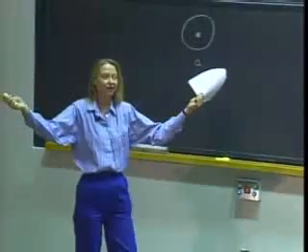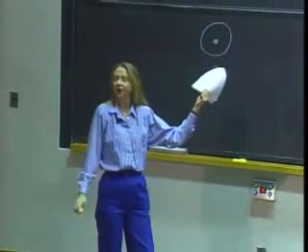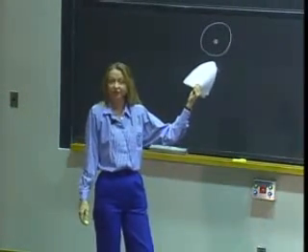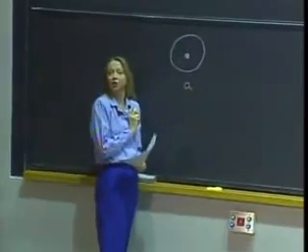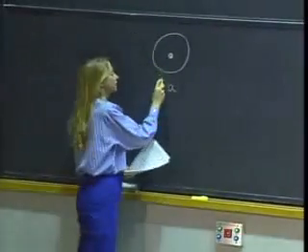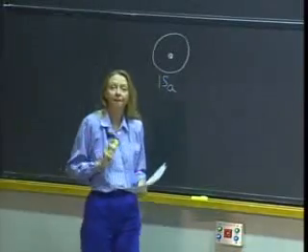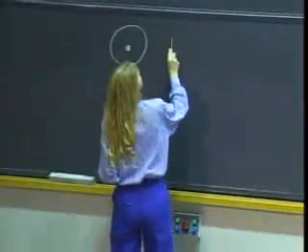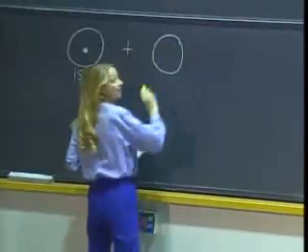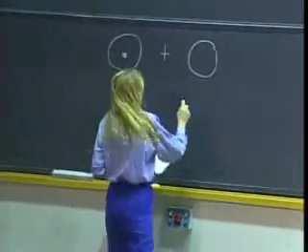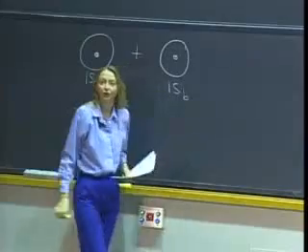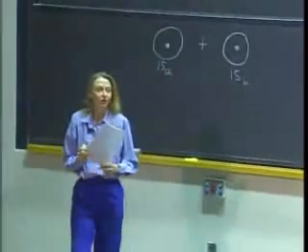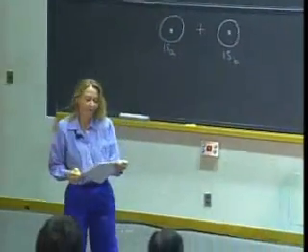Because after all, the 1s wave function in hydrogen is spherically symmetric. So I'm going to represent it by a circle around the nucleus. So this is going to be 1sA. And then I'm going to, of course, have a second hydrogen atom represented here by this nucleus B and a circle around it because that wave function is spherically symmetric.